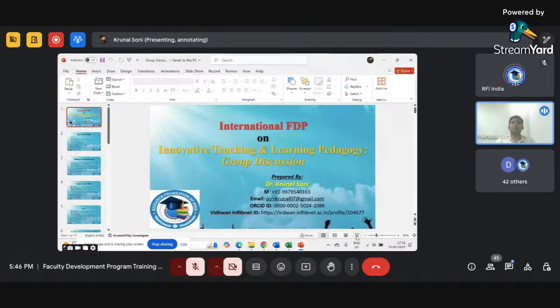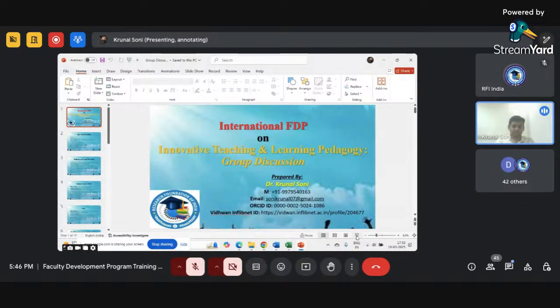This is the work of the moderator, who manages the overall flow of the group discussion. He or she needs to have a complete code of conduct, deciding what has to be done and what not. That is called the code of conduct, and the moderator has to decide it.